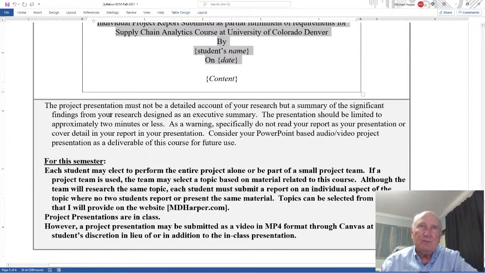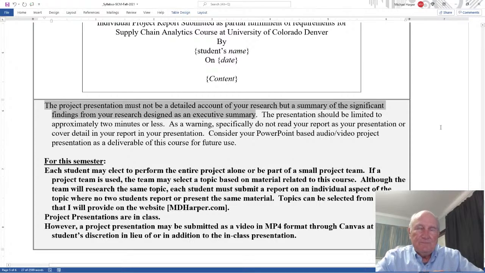Now, the project presentation must not be a detailed account of your research, but a summary of the significant findings from your research, designed as an executive summary. Some people have trouble with this. You're in a university, in a class, and you think, okay, this is a class project.